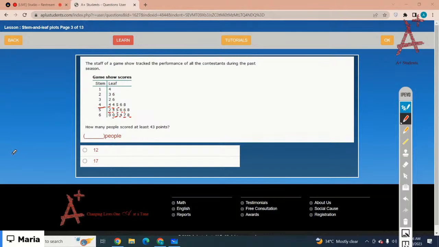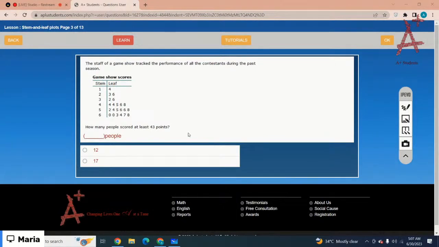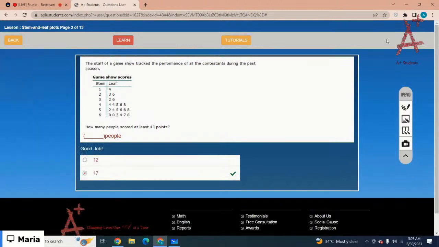So the least value would be 43 and the most value could be any. So start from 43 and count until the end. There are 17 people who scored at least 43 points. Got it? So the correct option is 17. Be careful when reading the questions. I made the mistake: I thought it was exactly 43, but it was at least 43.